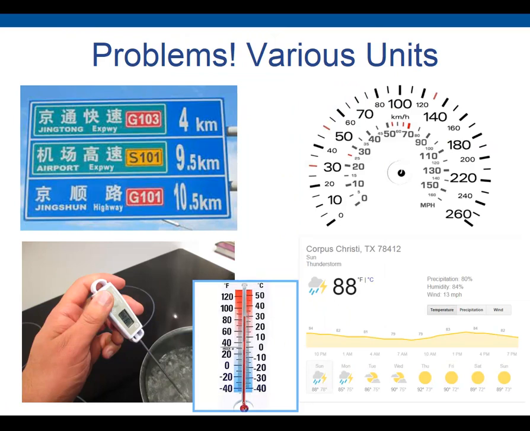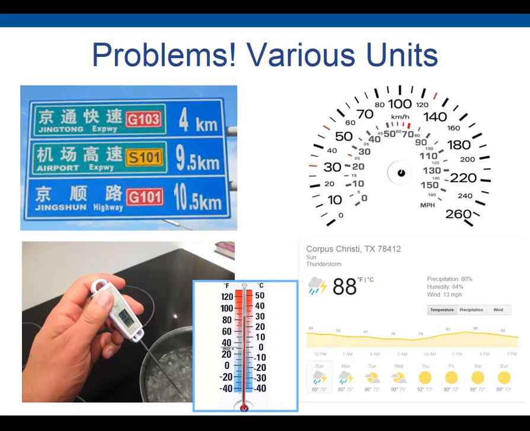There are some issues. If you go to China, Chinese people are familiar with kilometers. It's different from what Americans do. In the United States, we are familiar with miles, not kilometers. How about temperature? In South Korea, we use Celsius, not Fahrenheit.